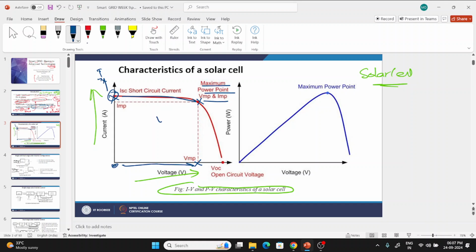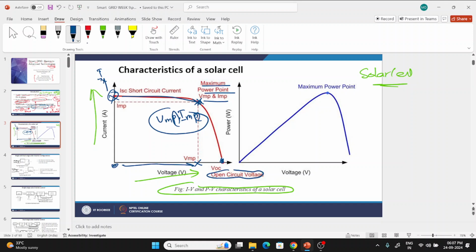We call this VMP and IMP, because we have taken this point from the calculation that maximum power is generated here. After that, it comes down to this point, known as the open circuit voltage.